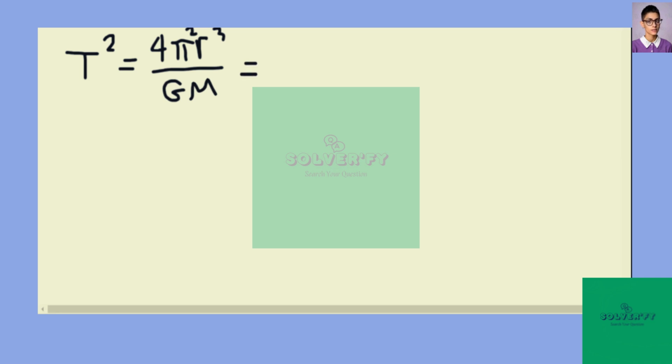But the period is, well, let's not go to that yet. Just take the square root of both sides. R cubed over GM.